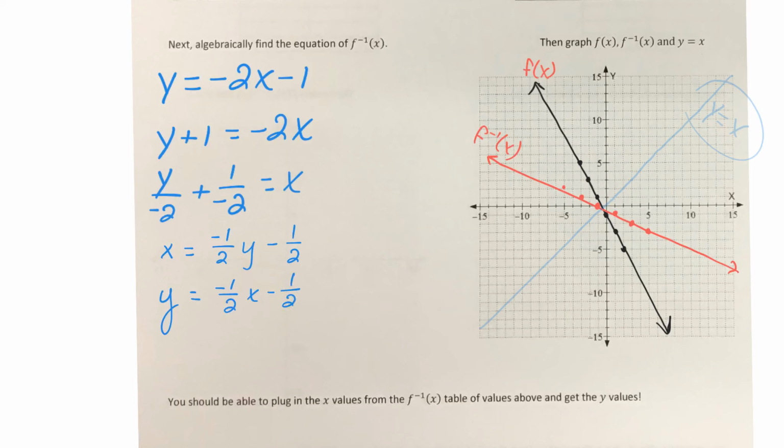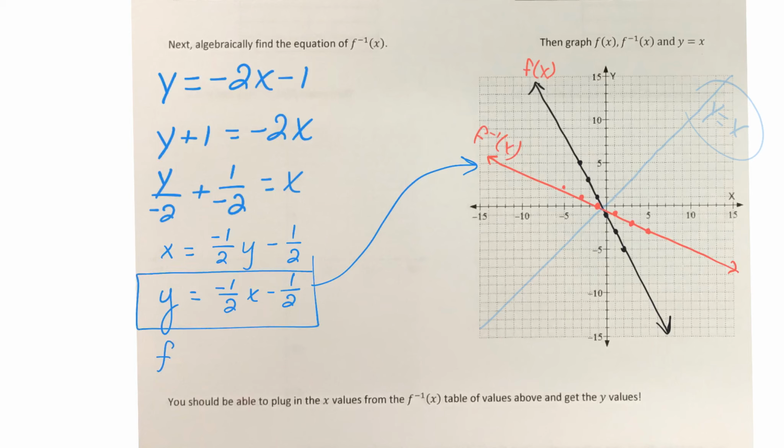Now, the last little piece we need to ask ourselves is, is that the graph we've got right here? Do you have a y-intercept at -1/2? We do. We have a negative slope, and our slope goes up 1/2. So this does give us the graph we already found. That's our final inverse function.